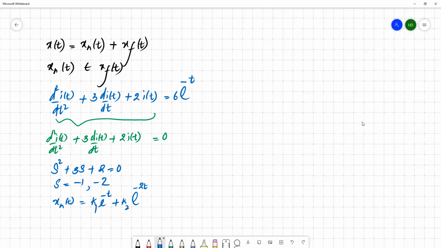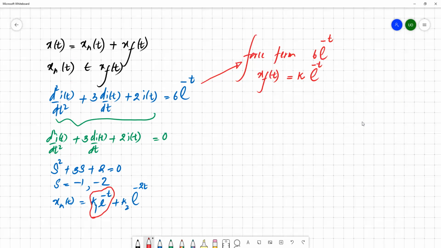So what happens if I try to evaluate the forced response? The forced term is 6 e to the power minus t. So what would be the proposed forced response? It's a constant times e to the power minus t, k e to the power minus t. Now, in the natural response also we have this e to the power minus t term.